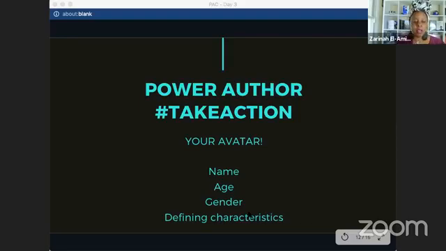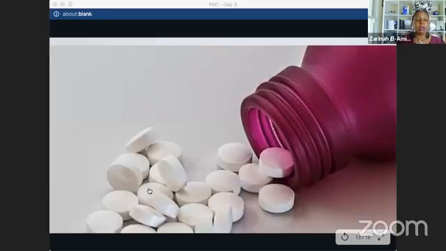Okay, I want to go over one last thing for today, and then we're going to wrap it up. Remember, we started with the culture, then we went to the subculture, and then we painfully went to the avatar.